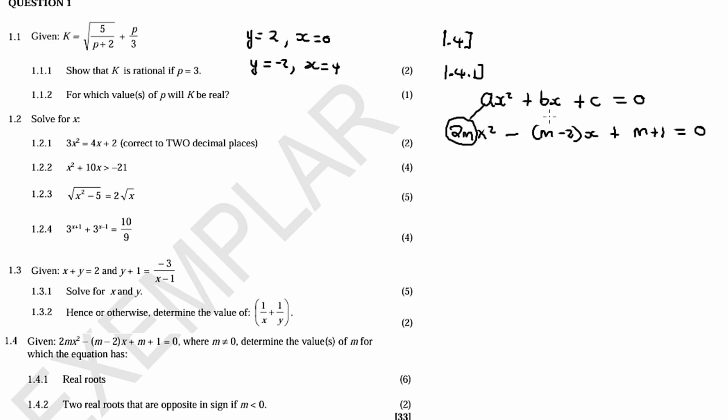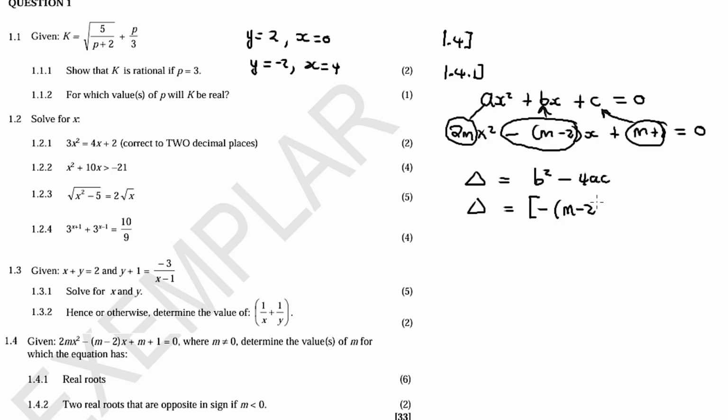This is a, this is b, this is c. Then we have to calculate the discriminant, b squared minus 4ac. The discriminant is equal to, what is b? b is minus (m minus 2), squared, minus 4 times a, which is 2m, times c, which is m plus 1.